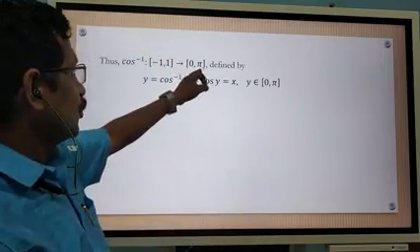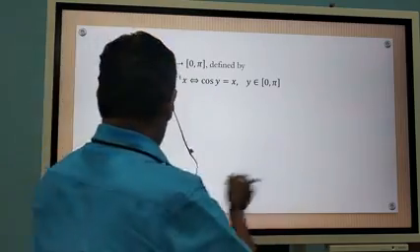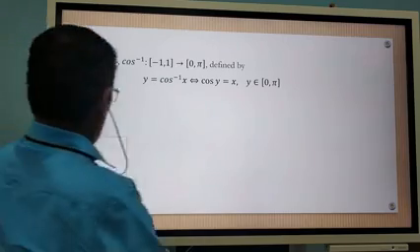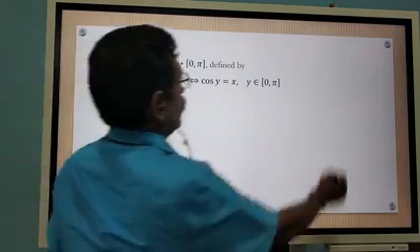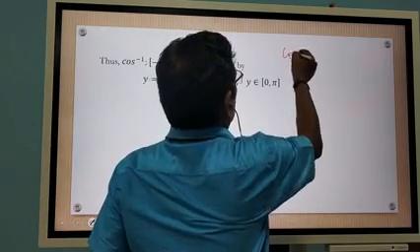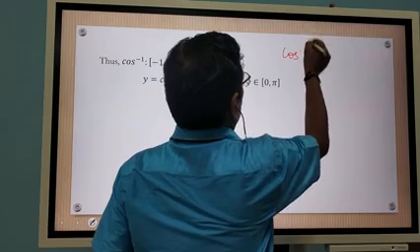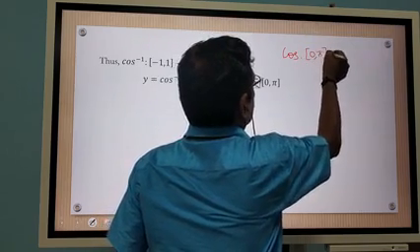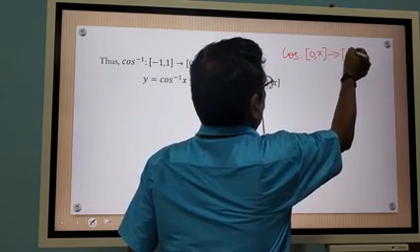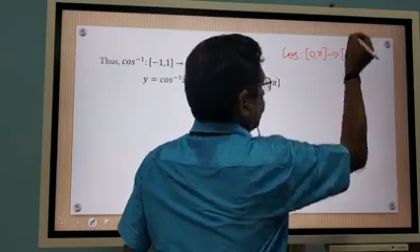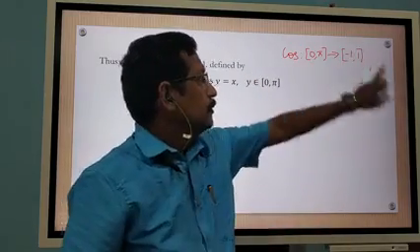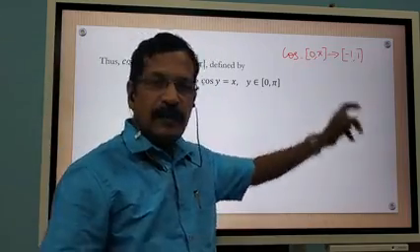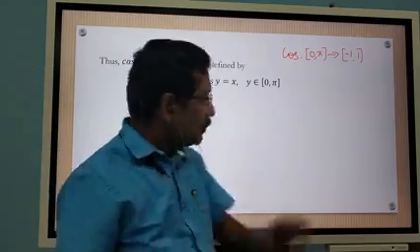Actually, the cosine function is defined from 0 to pi to minus 1 to plus 1. So what will be cos inverse? Here the range becomes the domain of the inverse and the domain becomes the range of the inverse.